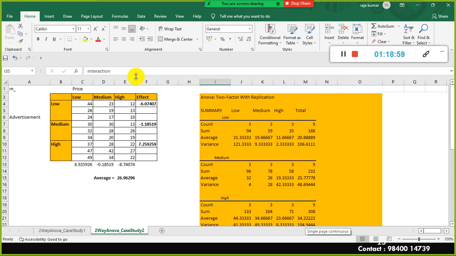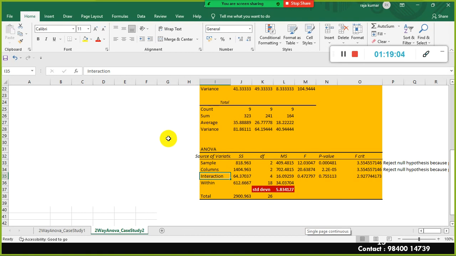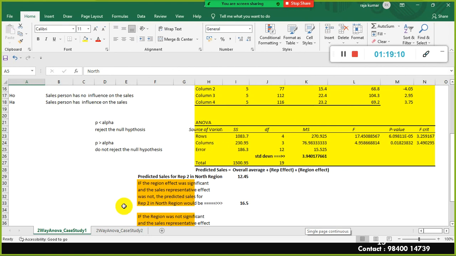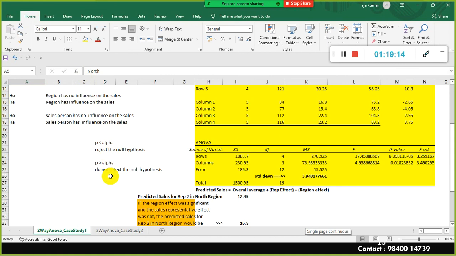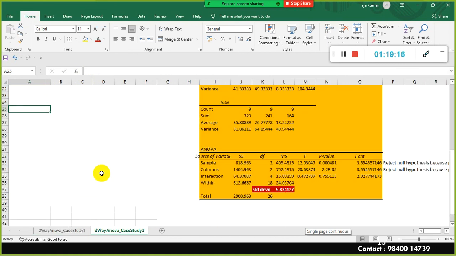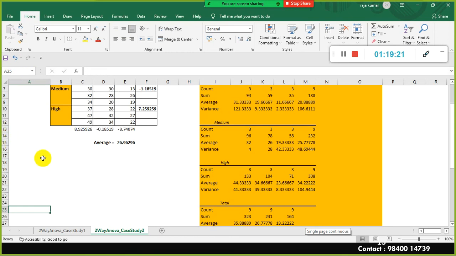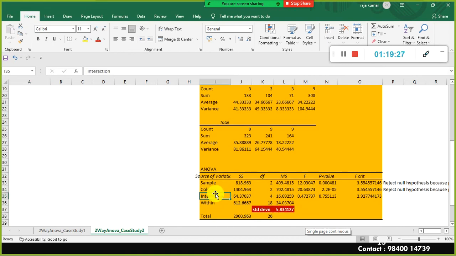With the combination of these two, can we see any influence? In this case, we need to conduct three hypothesis tests, because in two-way Anova without replication we don't have the interaction. Does the combination of region and salesperson have any influence? That interaction we cannot test in two-way Anova without replication. With replication, it gives you the interaction also.